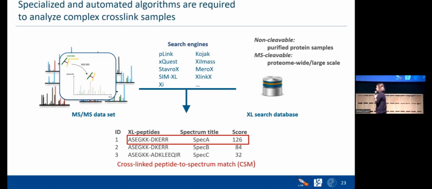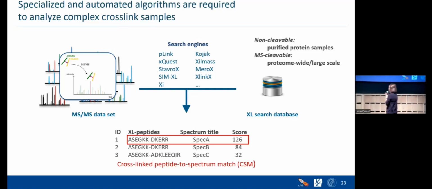The search engines have different approaches on the computational side. When I started my postdoc in Jürgen's lab, there was not much software available doing both non-cleavable and MS-cleavable crosslinkers. Nowadays we are hearing more and more, and as I also noticed, crosslinking is getting more popular, so there will be a lot of improvement coming in the crosslinking field.